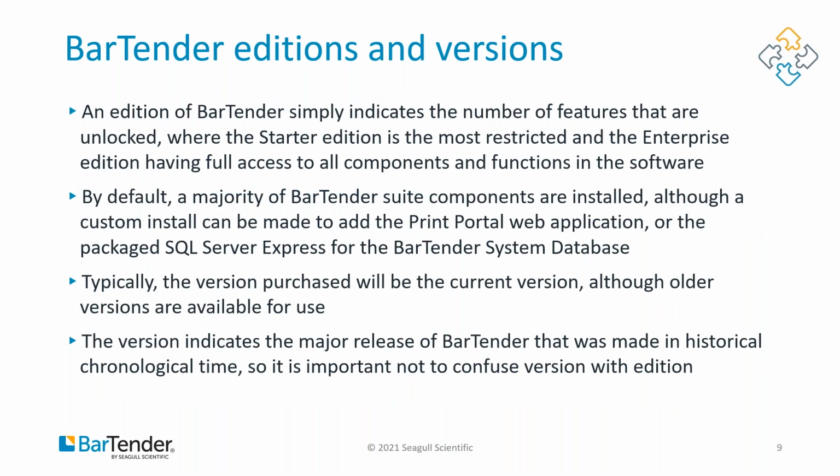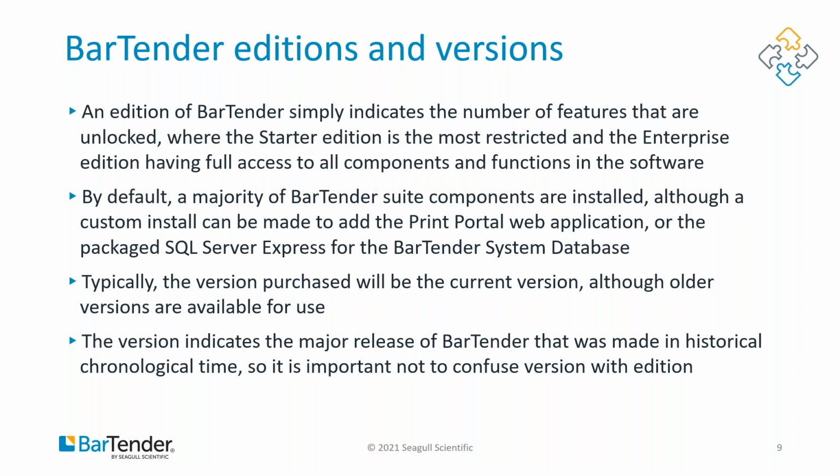BarTender editions and versions. An edition of BarTender simply indicates the number of features that are unlocked, that are available for use by the user in an unrestricted fashion. The actual software that you download from our website and install on your computer is actually the same.